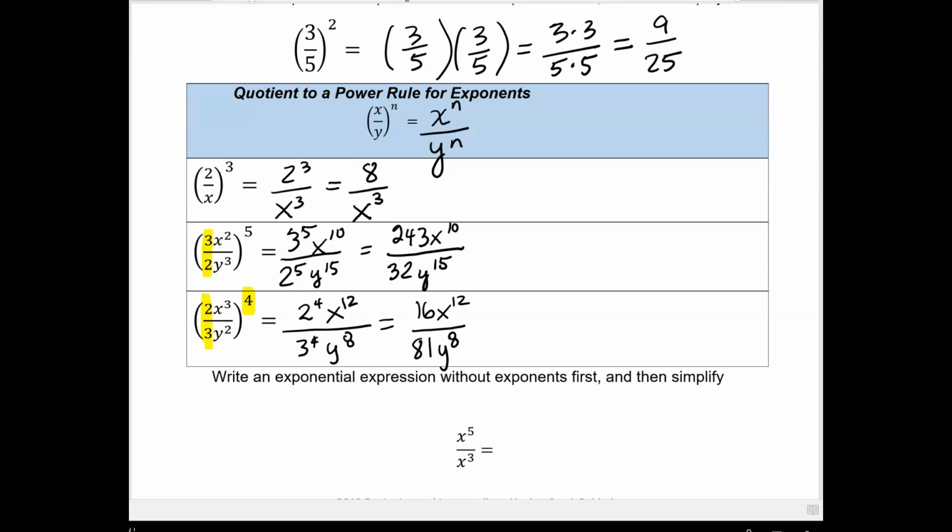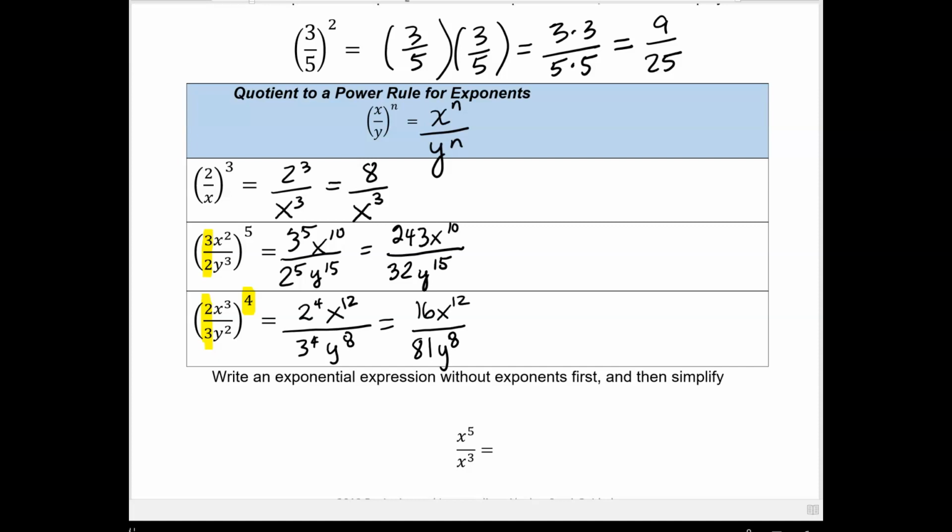It's very important that you understand that you can always stop the video and work out the problems before I give you the answer, if that will help you gain confidence that you understand the concept. All right. Next, write an expression without exponents first and then simplify.